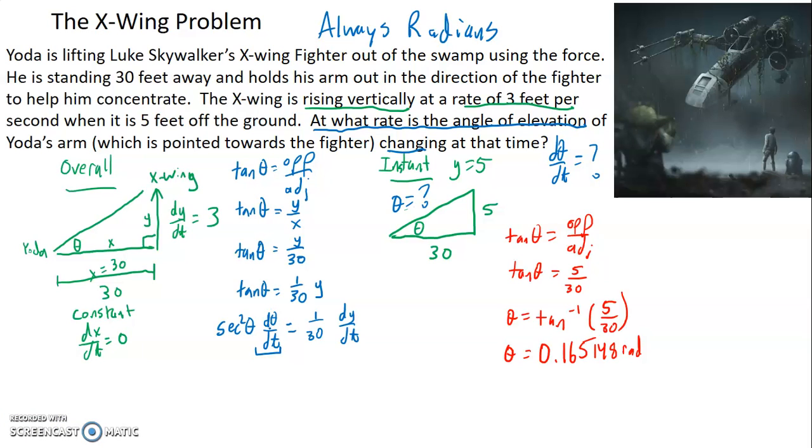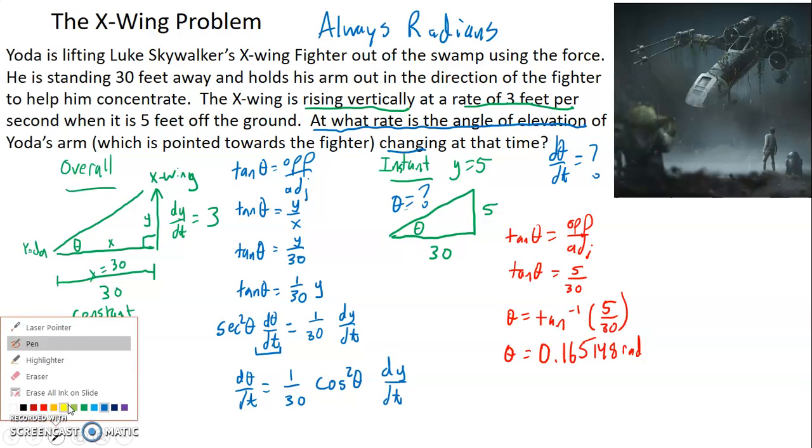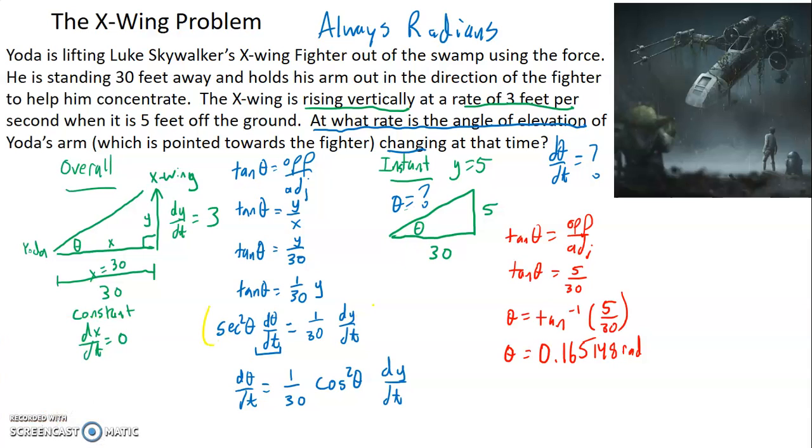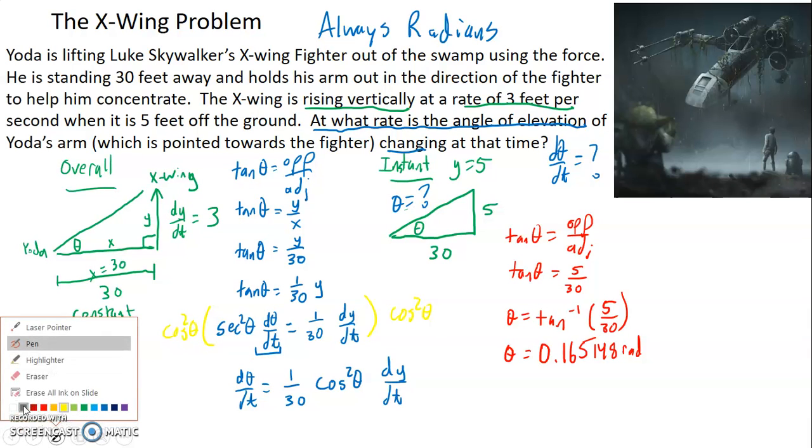All right, so to get d theta dt by itself, I either need to divide both sides by secant squared, or I can multiply both sides by cosine squared. I like to think about it that way. So if we go back to the step before this, if I multiply both sides by cosine squared of theta, and that color is kind of hard to show up, so I'll switch.